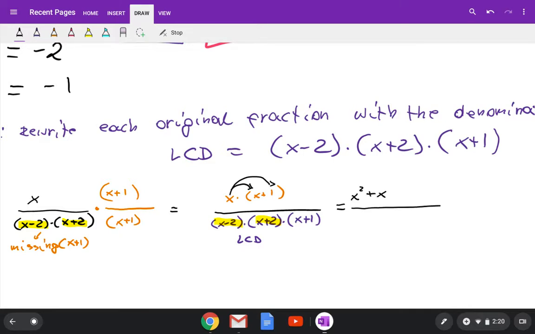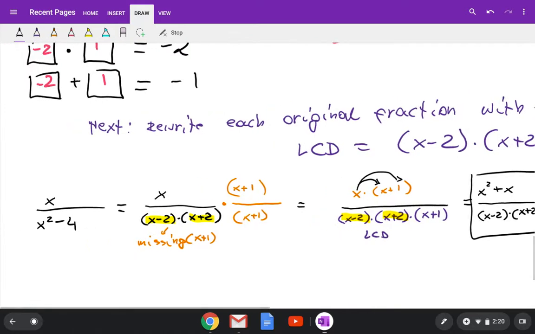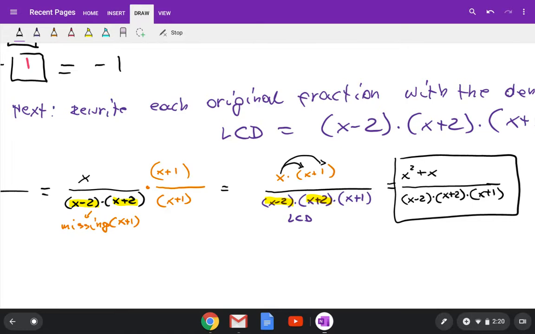The denominator you keep as the LCD, the product of prime factors. So just rewrite that as x minus 2 times x plus 2 times x plus 1. We have it. So x over x squared minus 4 is equivalent to this.